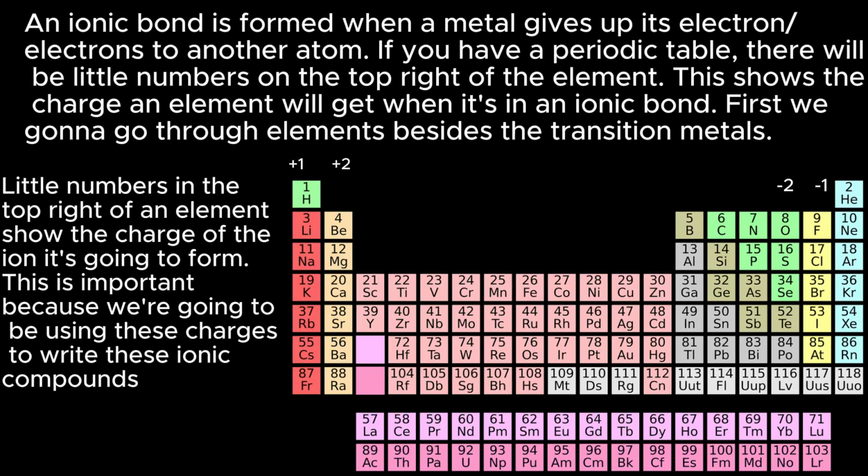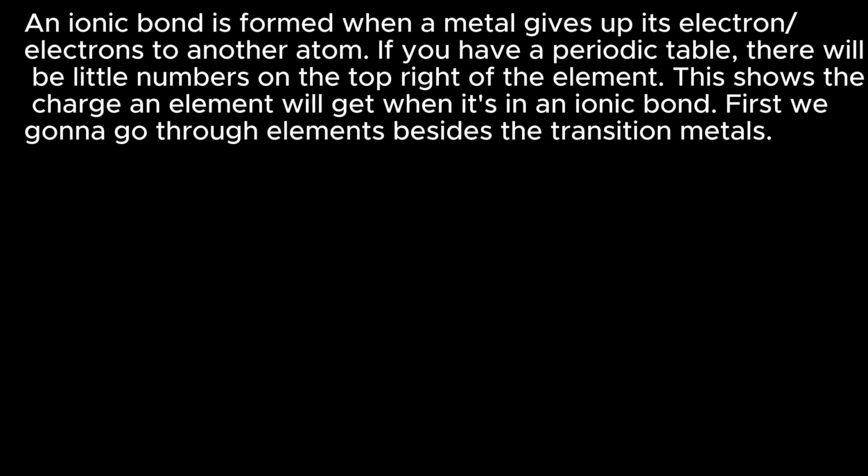So they're going to form a -2 anion because they're only 2 away. So elements to the left want to lose their electrons, and you can see how elements to the right want to gain electrons. And elements in the same group, excluding transition metals, usually have the same oxidation state.